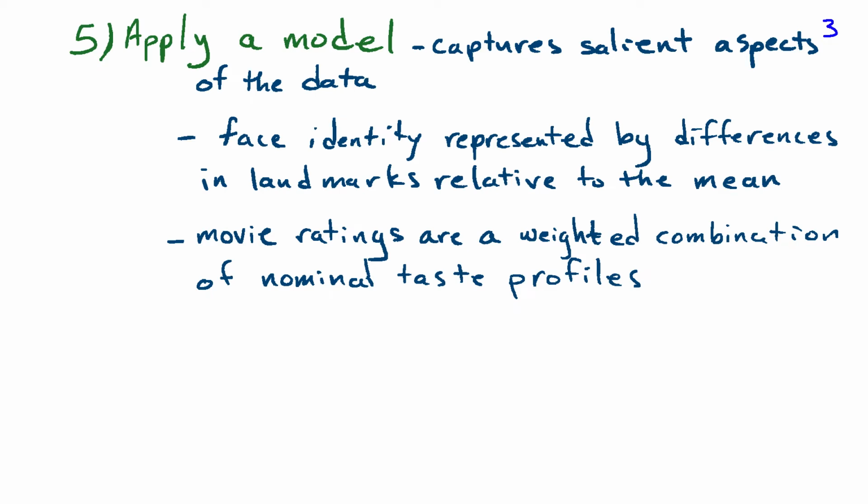If we take any given person, they might like or dislike some mixture of those, and so we could think about their preferences based on a weighted combination of these other categories. So somebody might be 80% action, 10% romance, and 50% sci-fi. So all of machine learning is based on the use of models.